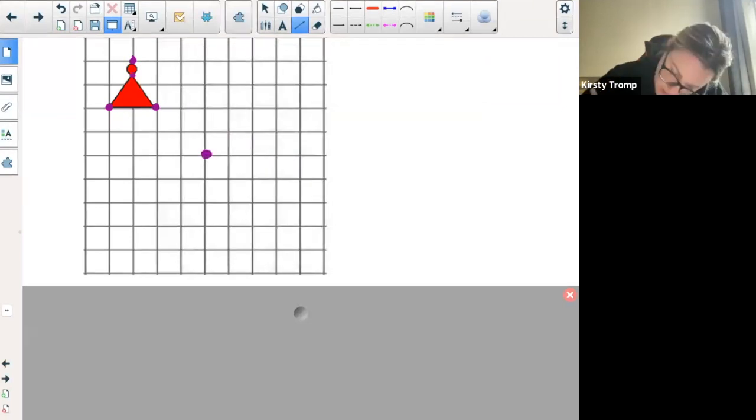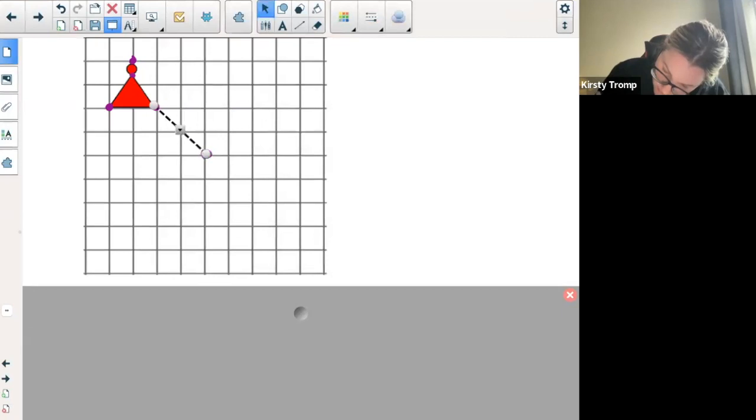So from this point, there's that arm. Can you see it? I want to draw a 90-degree arm. Are you ready? So a 90-degree arm.